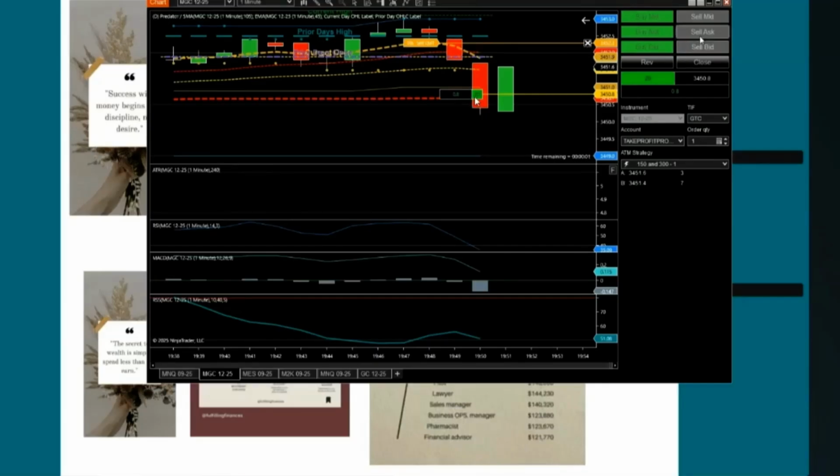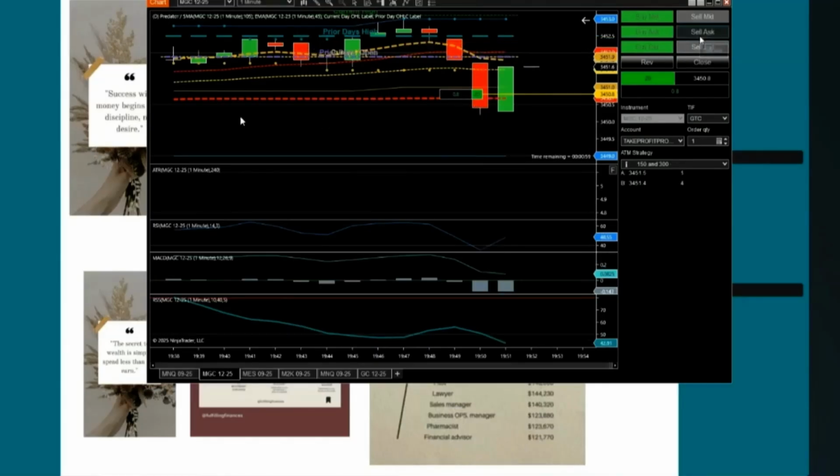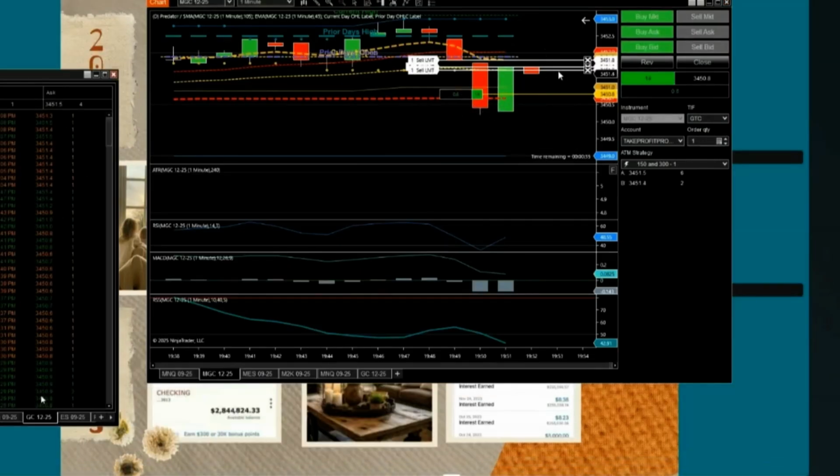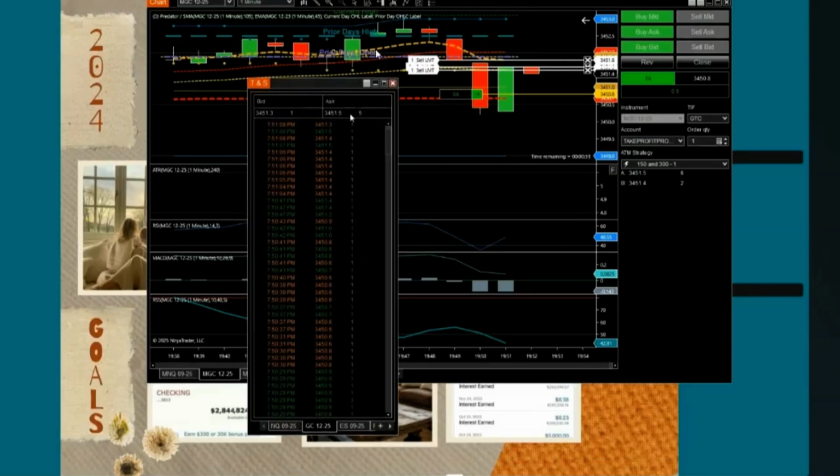And you can see I go in a little heavier here because the overall trend is up. I'm not trying to trade counter trend here this time. I'm going with the trend, and I know that I've gotten a good fill here, a good price where I feel like this is gonna be a great trade here to the upside and back to the overnight open.